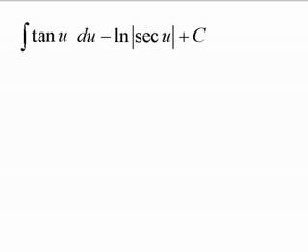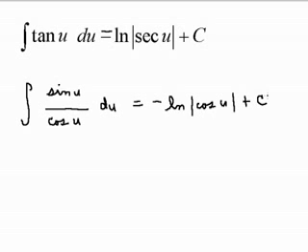We would like to use this formula for finding the integral of the tangent of u du. To arrive at this result, we write the tangent of u as sine u over cosine of u. Then you see that the derivative of cosine of u is minus the sine of u.